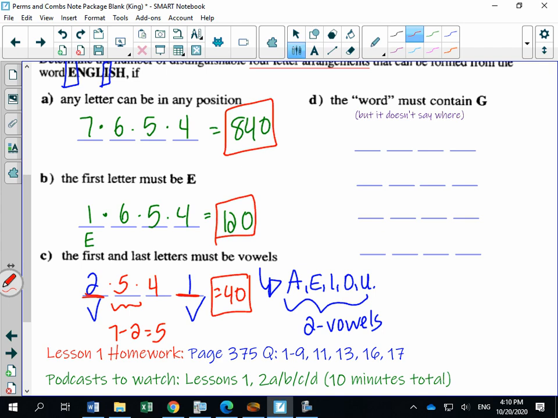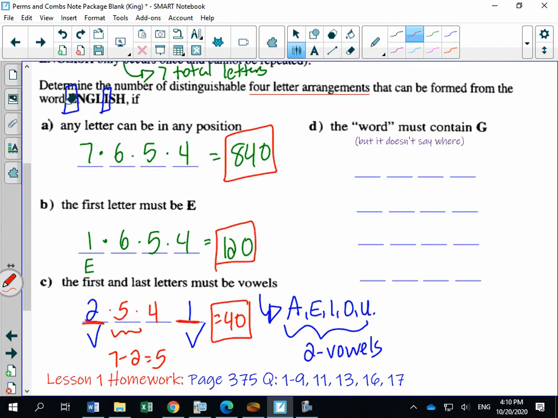and 840. Okay, now we're going to do the most complex one. The word must contain a G. So from the English, I must have a G. So out of the 7 letters, I must use a G. Why this becomes the most complicated is because it doesn't say where the G goes.